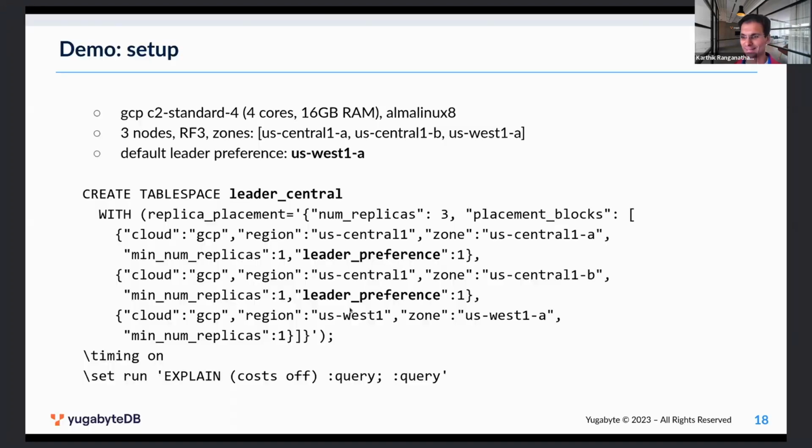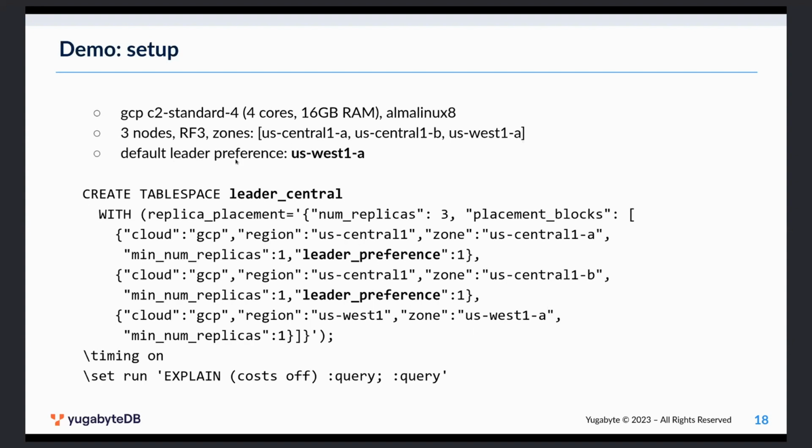All right. So with these performance demos, I'm going to explain my setup first. I'm using GCP C2 standard 4 nodes. They're 4 cores, 16 gigs of RAM, AlmaLinux 8 OS. I have 3 nodes in replication factor 3. 2 are in the central region and 1 is in the west.